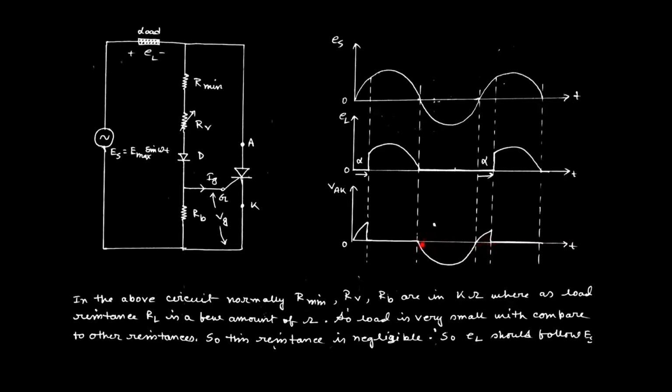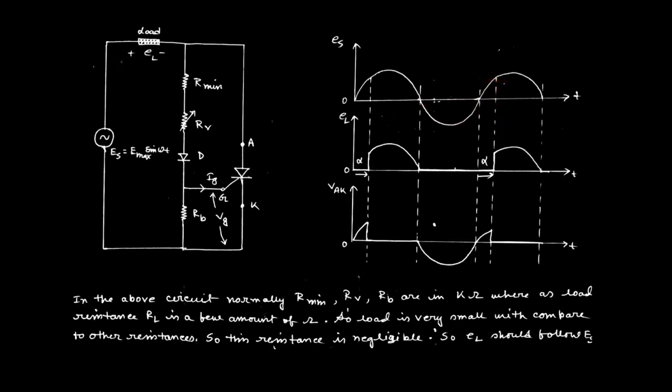That is why the total voltage appears across the switch, and as we know, this will follow the supply voltage. So from 180 degrees to 360 degrees plus alpha, the nature of the waveform is this one.